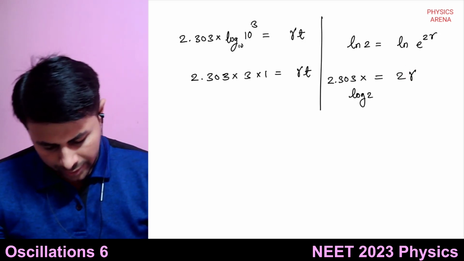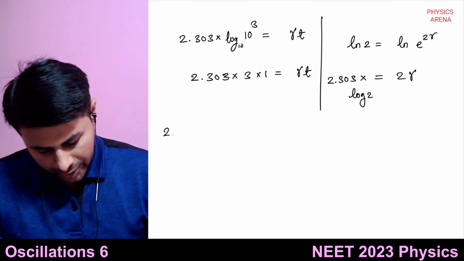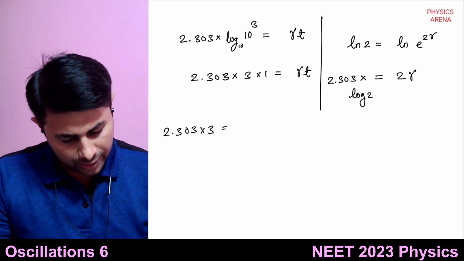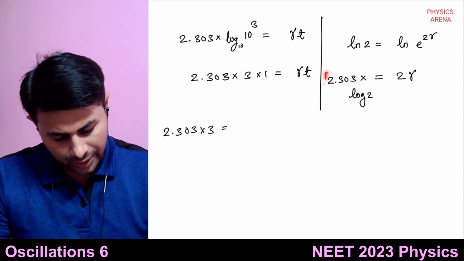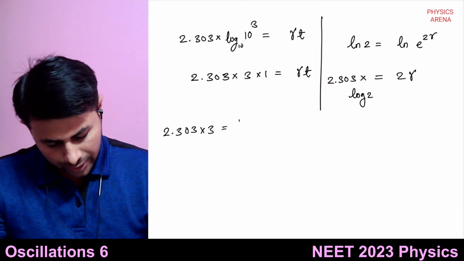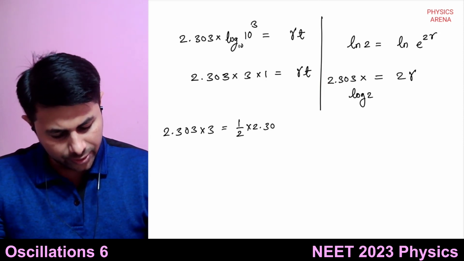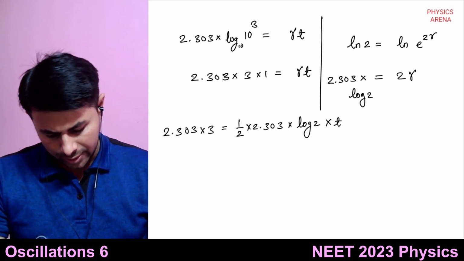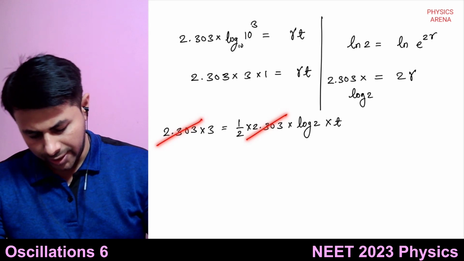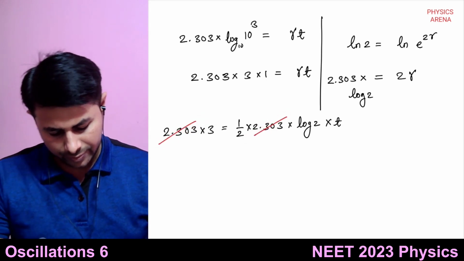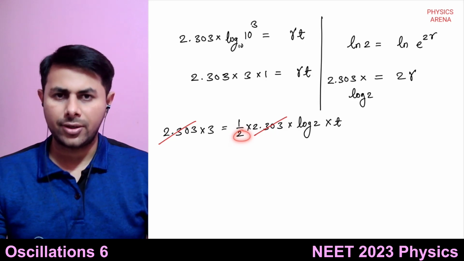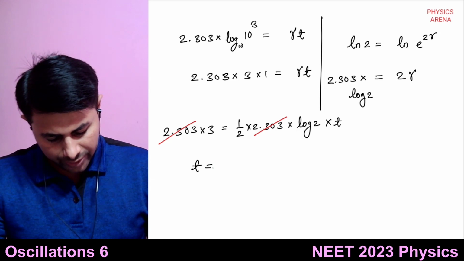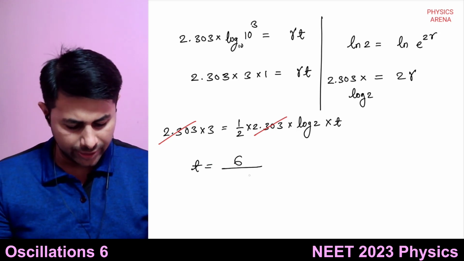Substituting for gamma, we get 2.303 multiplied by 3 is equal to half of 2.303 multiplied by log 2 multiplied by t. So 2.303 gets cancelled, and 2 can be taken on the left hand side, so it is 6. So t is equal to 6 divided by log 2. And how much is log 2?